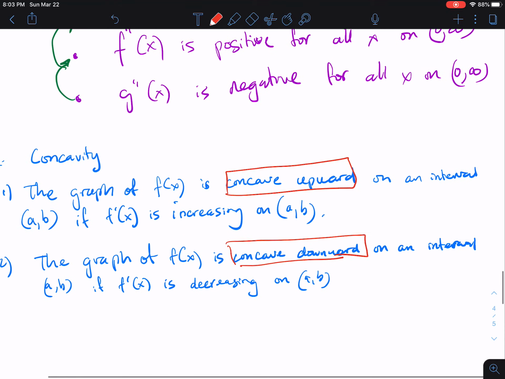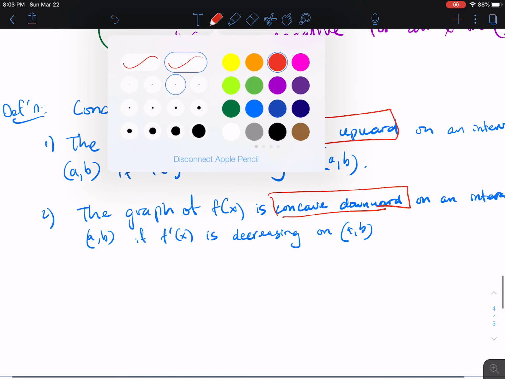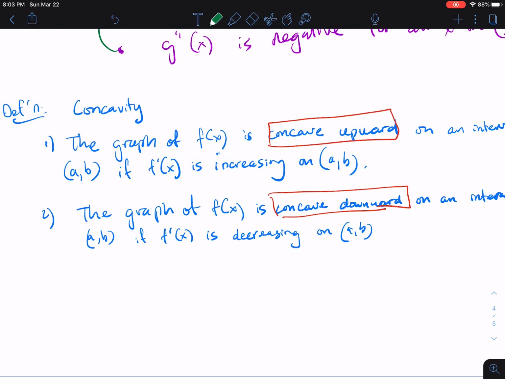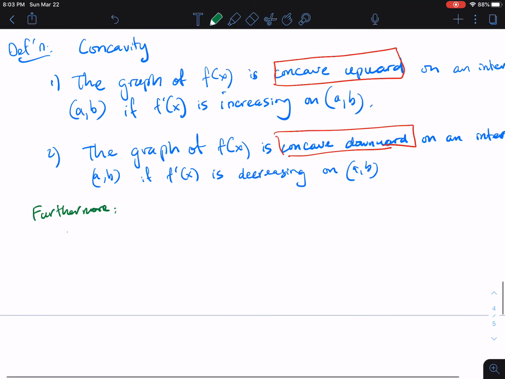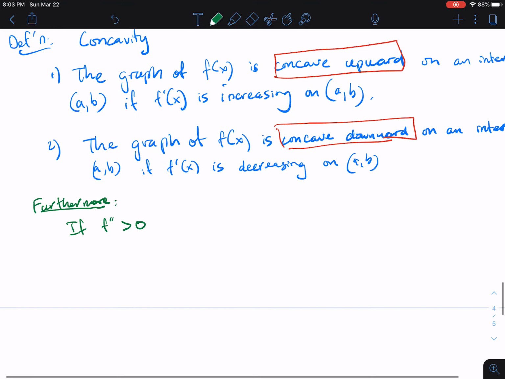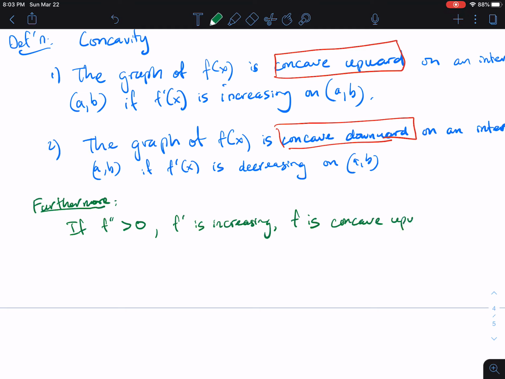Okay, so now let's bring in the second derivative. What does this mean? Furthermore, if the second derivative, f double prime of x, is greater than 0, then f prime of x is increasing, and therefore f is concave upward on that interval.